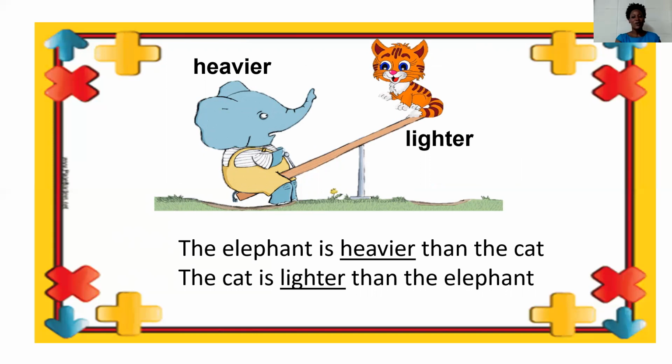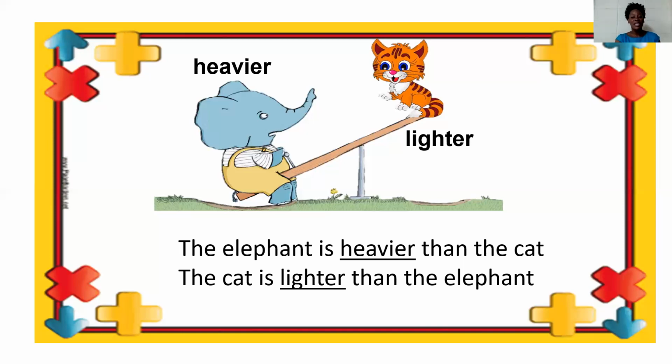Very good thinking, boys and girls. But why do you think it would go downwards? Excellent thinking. Because the elephant is heavier than the cat, the side he is sitting on will go downwards. And the side that the cat is sitting on will go upwards because the cat is lighter.